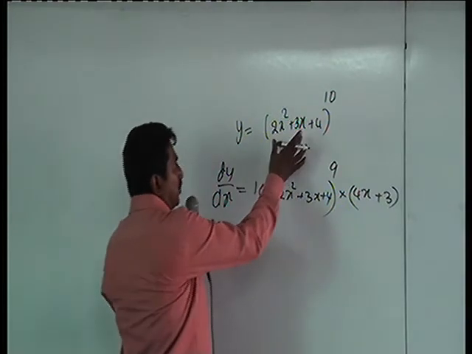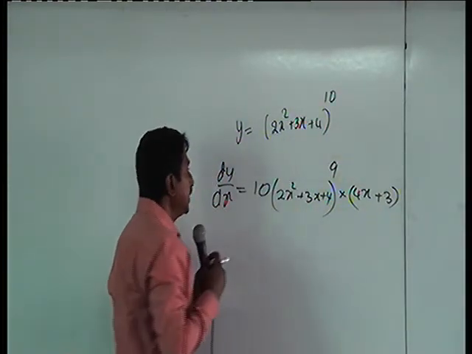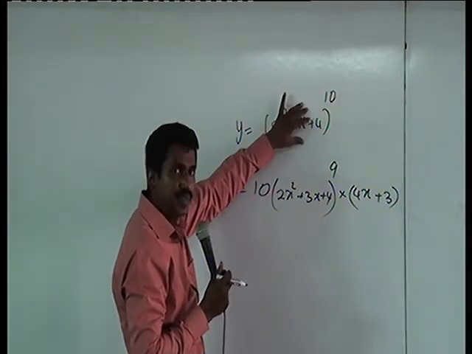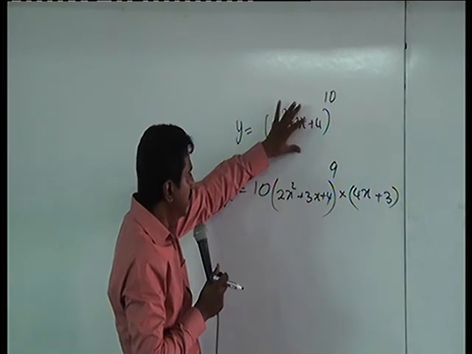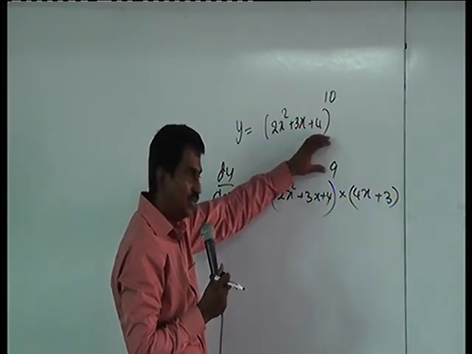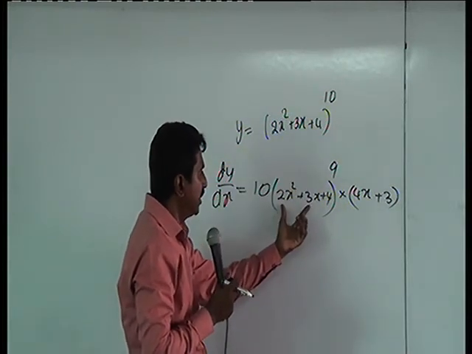So something to the power 10, this can be anything more than 2. We think this is x and differentiate n x to the power n minus 1, and multiply by the differentiation of the inside function.